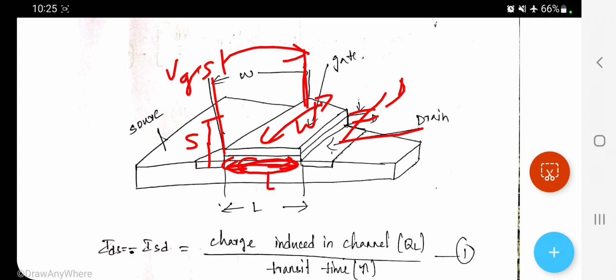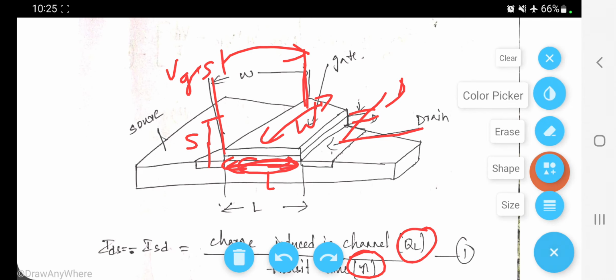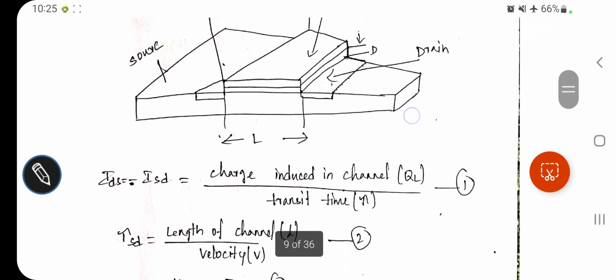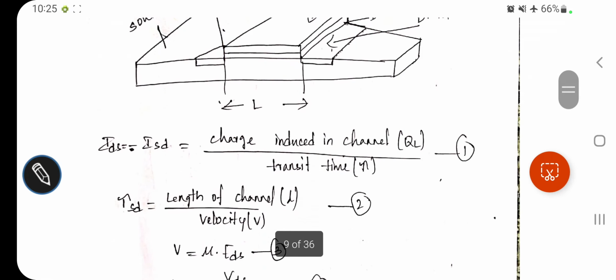Now for IDS, we know that current I is nothing but charge by time. So IDS, the drain to source current, is the charge induced in the channel divided by the transit time. Transit time is the time taken by the electrons to move from source to drain, called the electron transit time, tau.